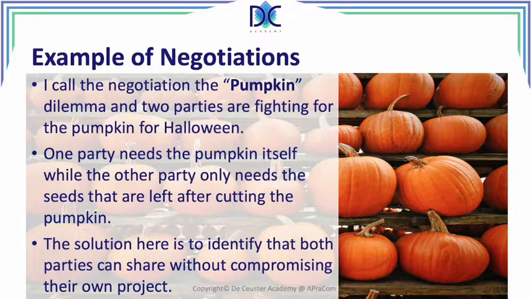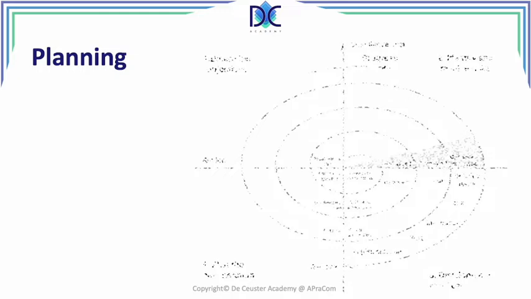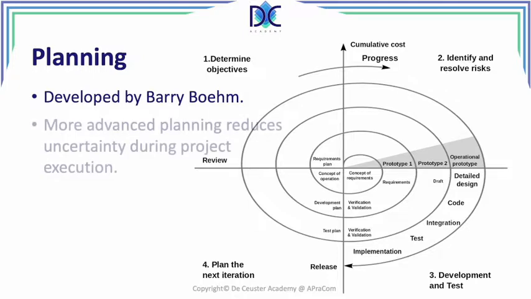Another element we have here is planning. And we have a model that has been developed by Barry Boehm. And we look at the different elements. And Barry Boehm identified that when we have a more advanced planning, the more we plan, it reduces uncertainty during project execution.